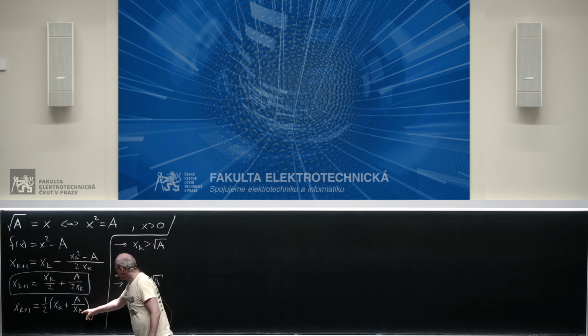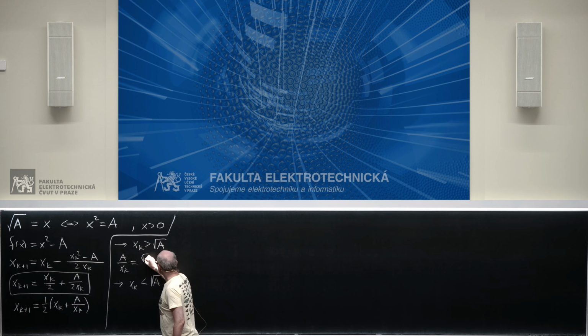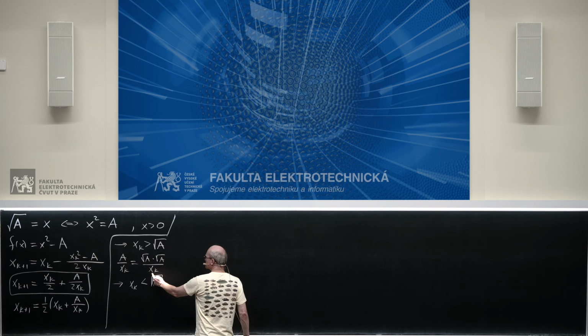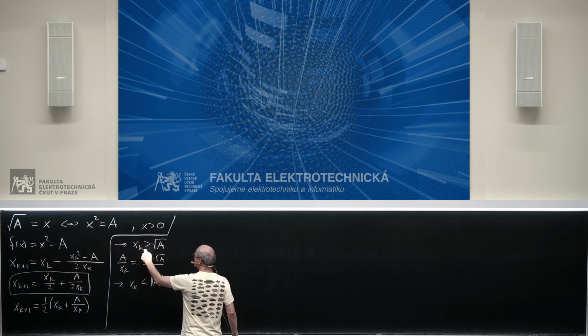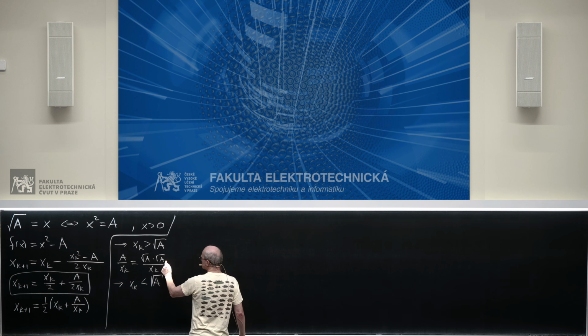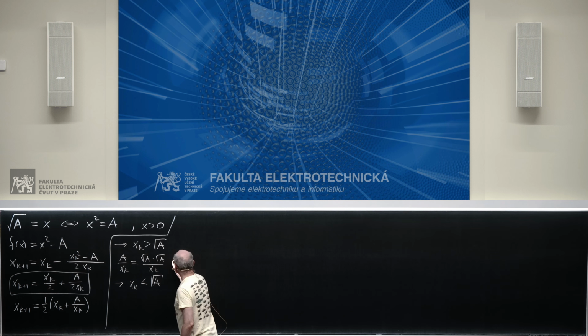How much is a over x_k in this case? Well, a is actually square root of a times square root of a divided by x_k. And now if I'm dividing by something which is larger than the square root of a, then I'm cancelling, and then there's still a little bit left. So this fraction must be smaller than square root of a.